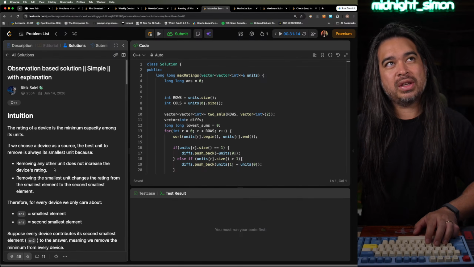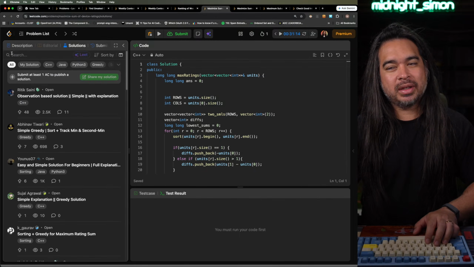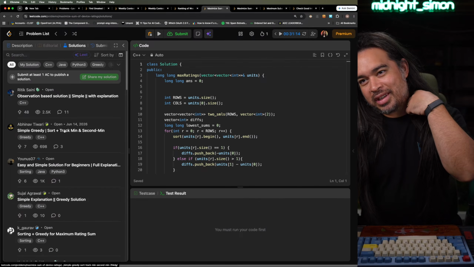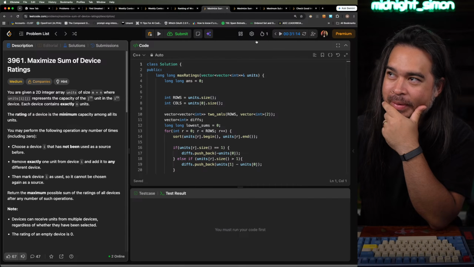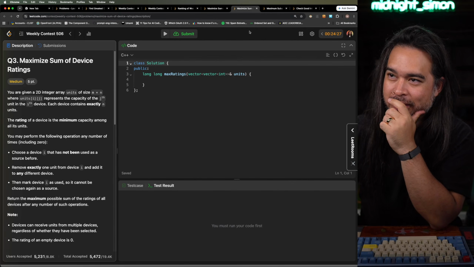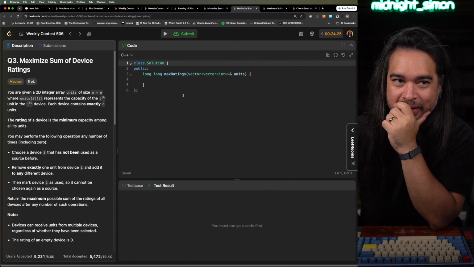Interesting. So you just take out all the minimums and put them all... What a crazy observation, man. How am I supposed to think about that? Should I implement that real quick? Now that I say it like that, it's easy.